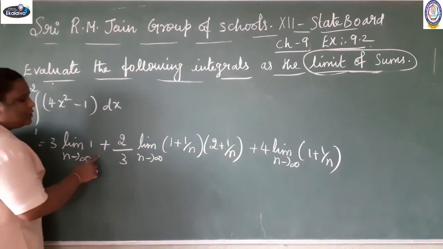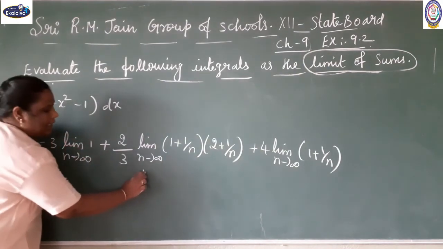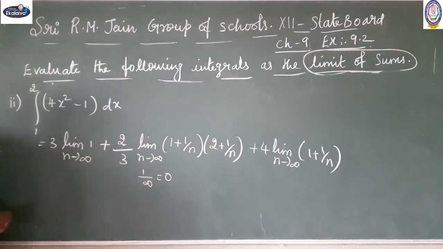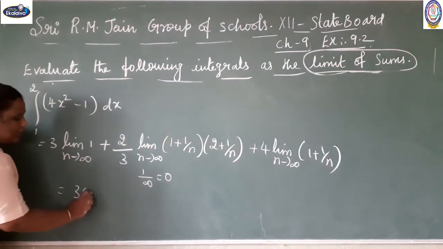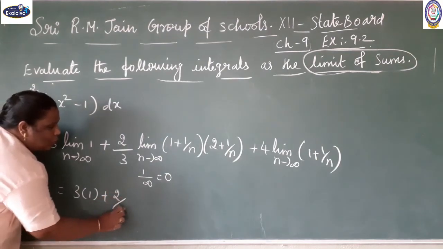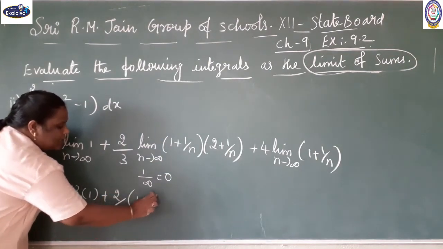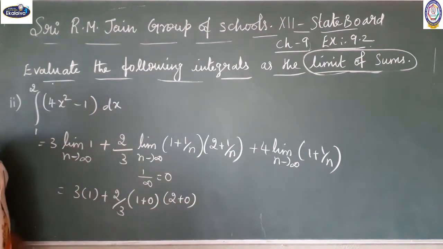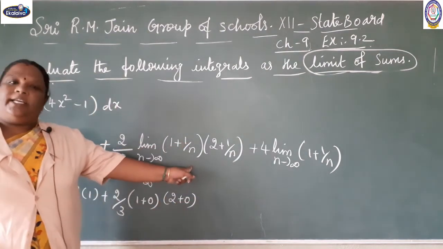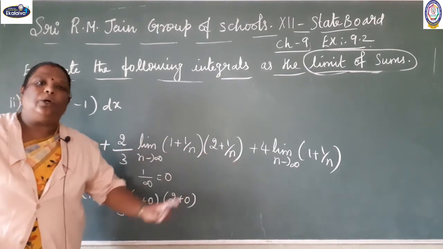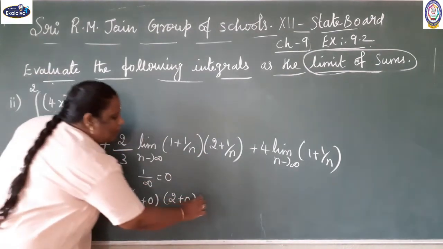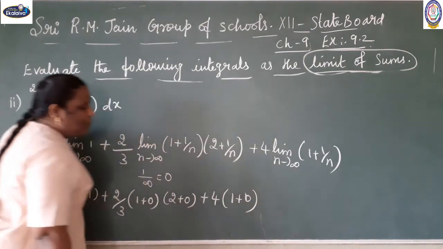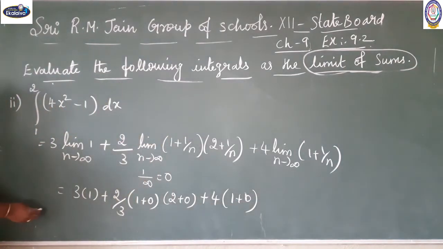See, n tends to infinity, 1 by infinity gives what value? 0. So it gives 3 plus 2 by 3 into 1 plus 0 into 2 plus 0, plus 4 into 1 plus 0. So what is the final value for this?